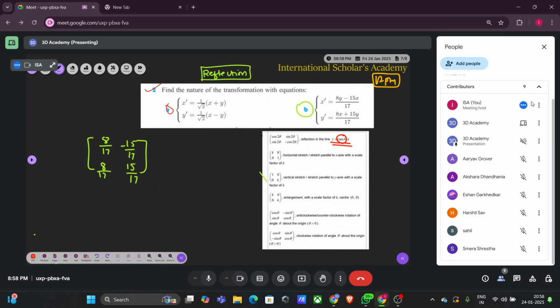Anti-clockwise rotation. व्हाट इज दिस? Sir, you've written it wrong. अच्छा, उल्टा लिख दिया मैंने इसको. एक सेकेंड, सॉरी.